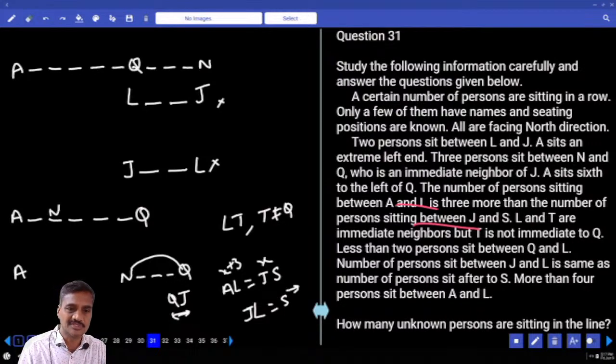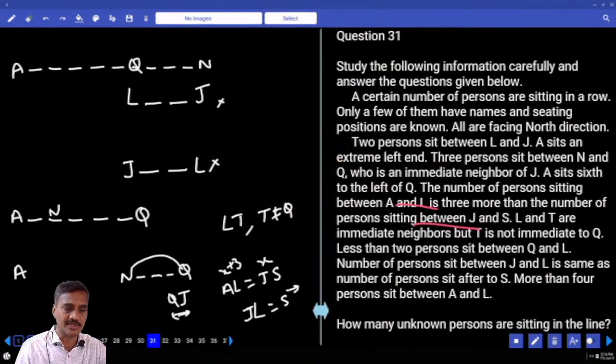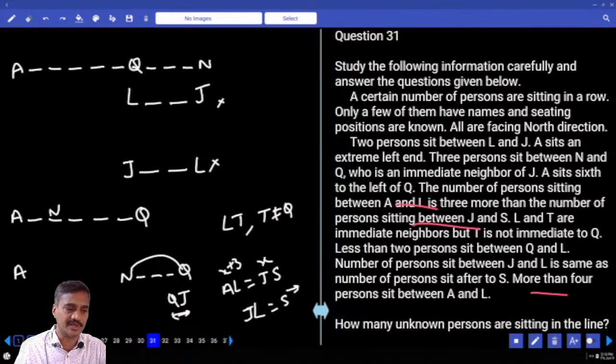More than 4 means maybe 5, 6 and so on. Let us get the possibility here. Now in this, A, Q and N. Now here in this one, more than 4 persons between A and L.